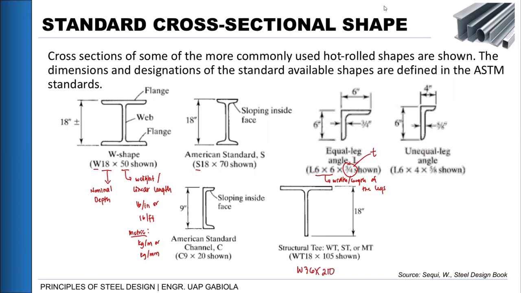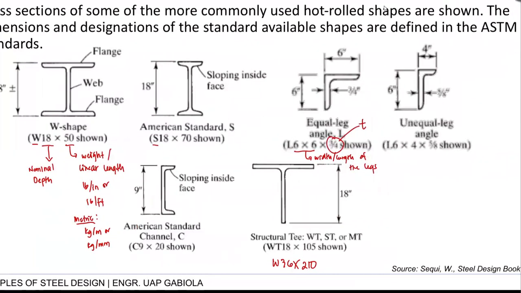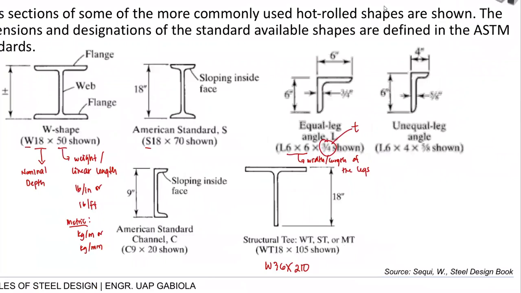Okay, so you just double or get the other half of the property and then just check on the construction manual what are the values of its dimensions.